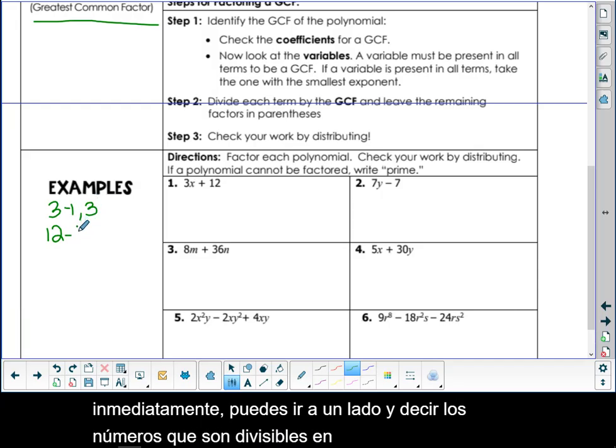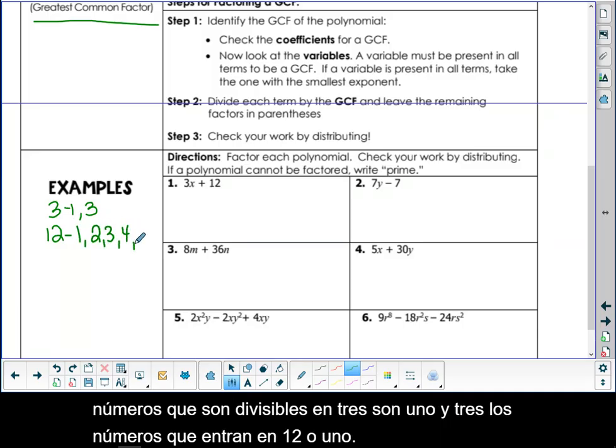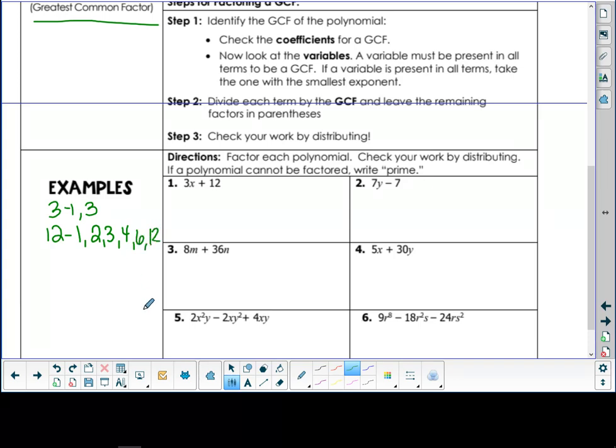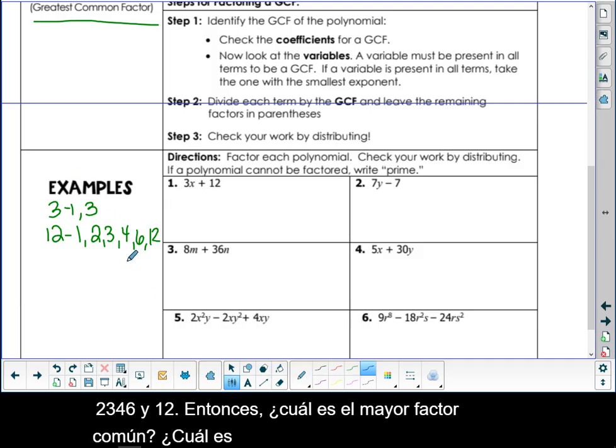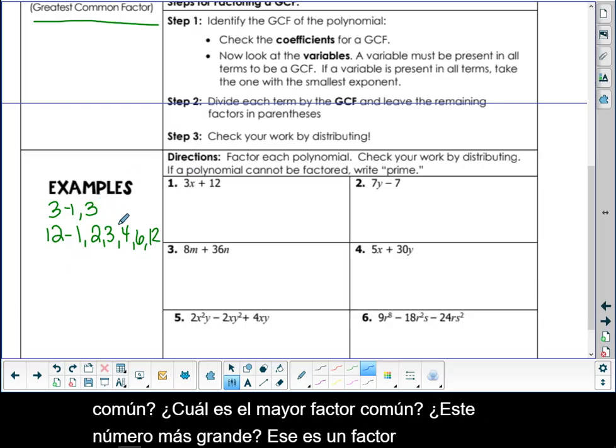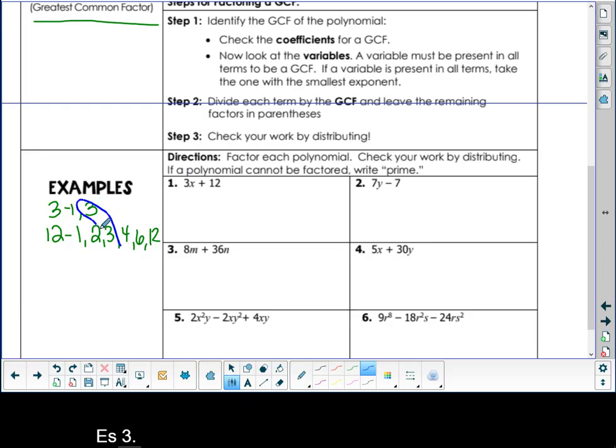The numbers that go into 12 are 1, 2, 3, 4, 6, and 12. So what is the greatest common factor, the biggest number that is a factor for both of those? It is 3. So I know the GCF between 3 and 12 is 3.